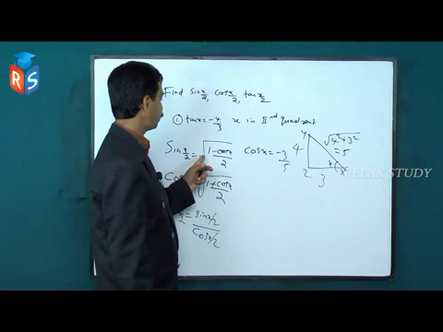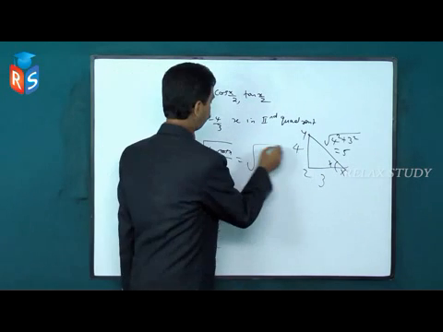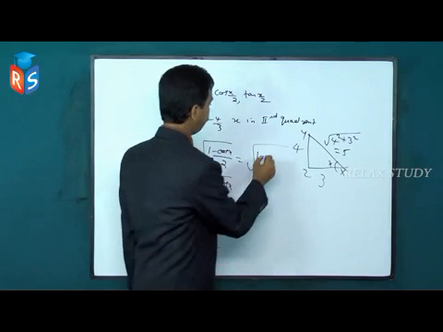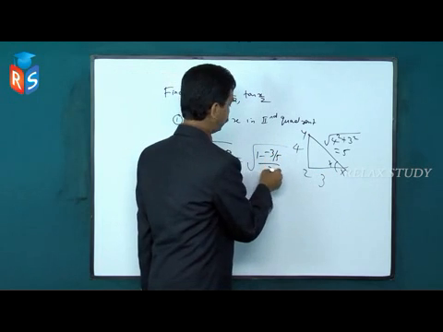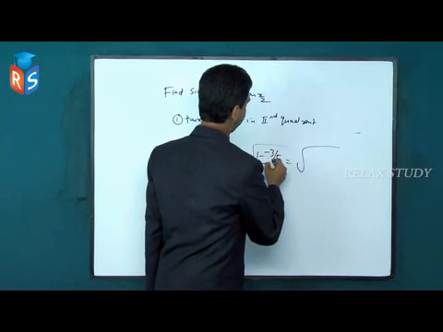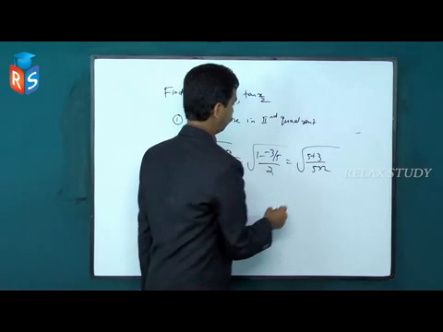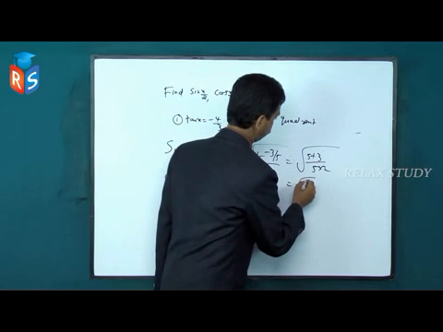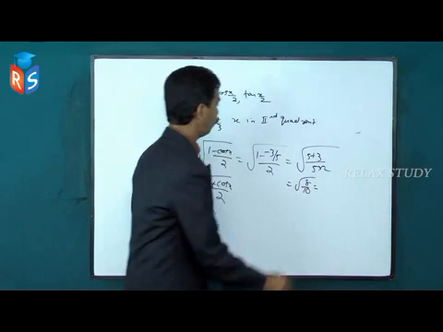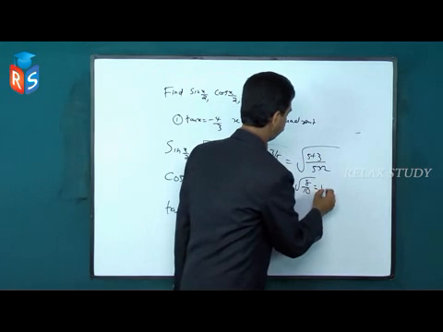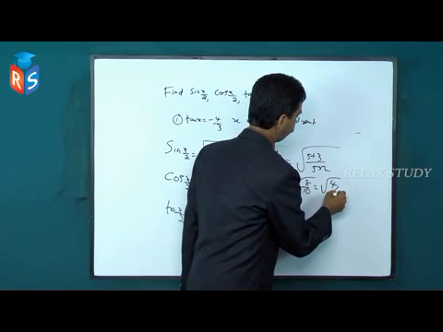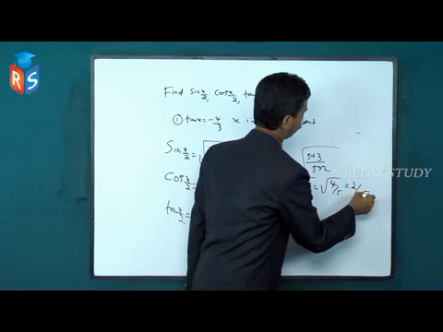Replacing the value of cos x, sin x/2 is root of (1 − (−3/5))/2, taking the LCM, root of 8 by 10, or root of 4 by 5, or 2 by root 5.